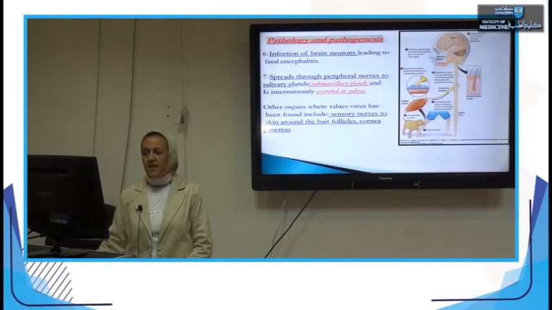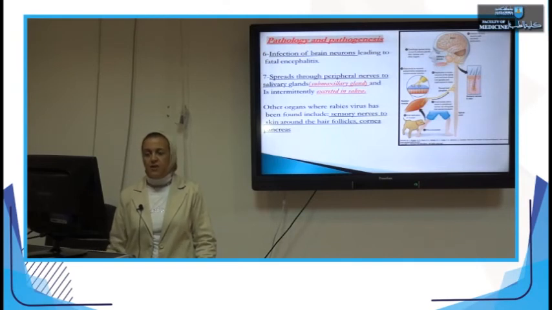reaches the brain, ascending through retrograde axonal transport. In the brain, it replicates in the neurons, causing their destruction and fatal encephalitis.